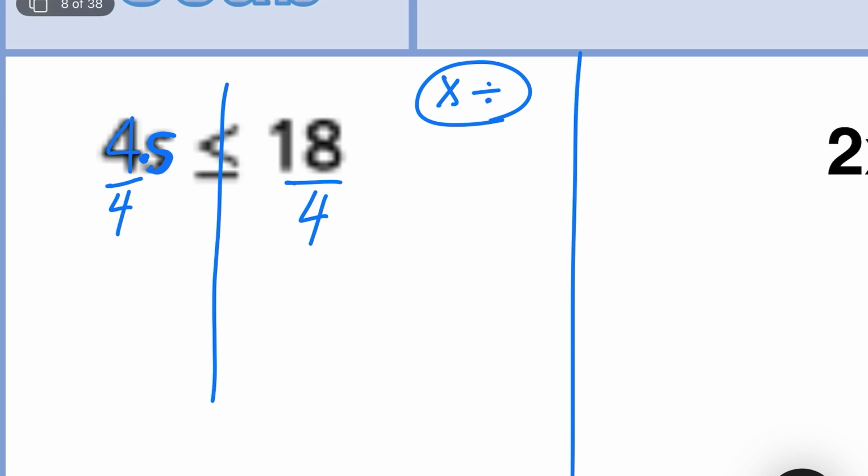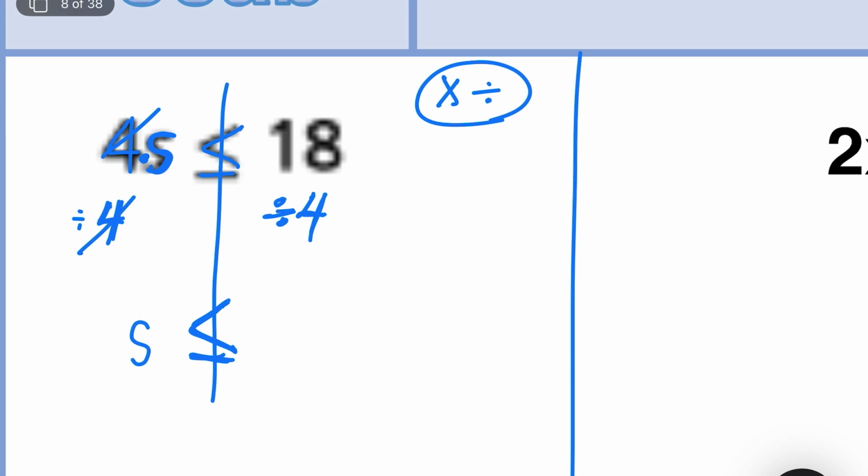This is another way of writing division, or maybe you can just write it as divide by 4. Okay? Now the 4 is cancelled. S is alone. Since the 4 is a positive number, I'm dividing by a positive number, the inequality sign will stay the same.